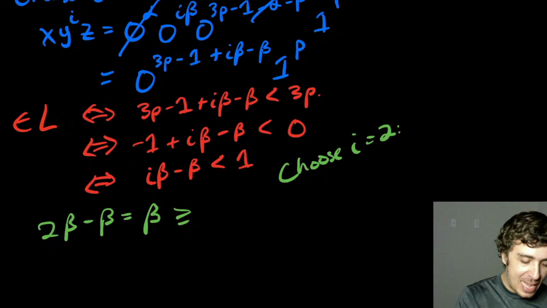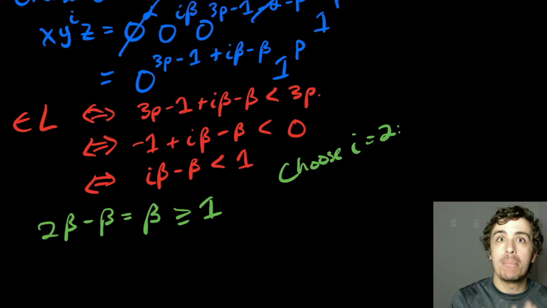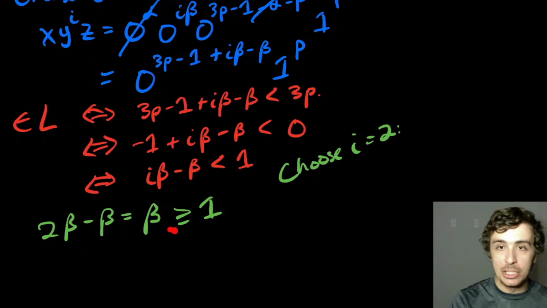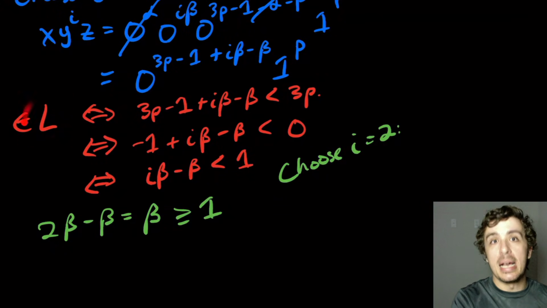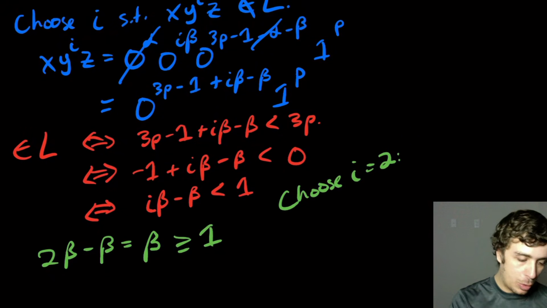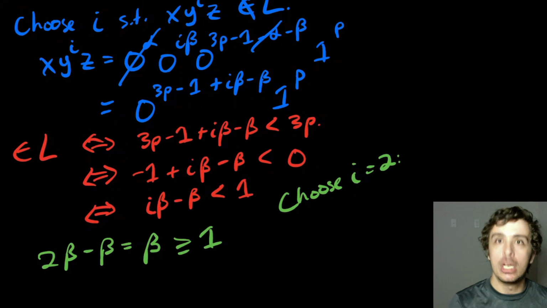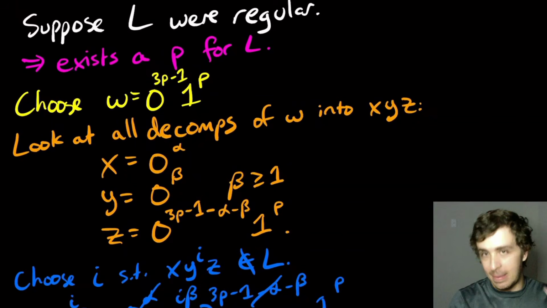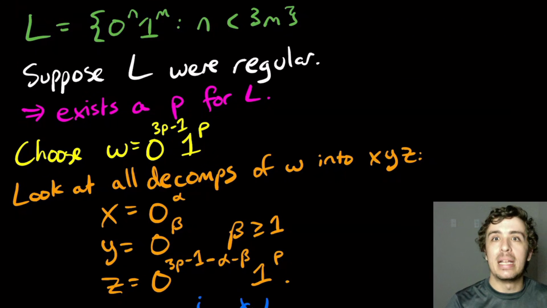And we know that that is at least 1 because the part that we pump is non-empty. So this thing is at least 1, and that contradicts the fact of this being less than 1. And so it is not in the language for that reason. So xy^2 z is not in the language. Therefore that contradicts the for all statement, based on the assumption that this were regular. And so therefore it is not regular.